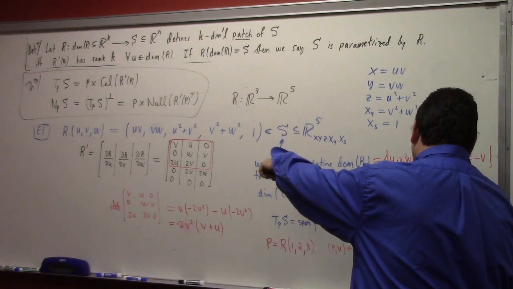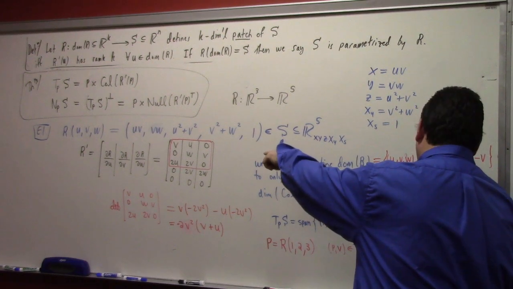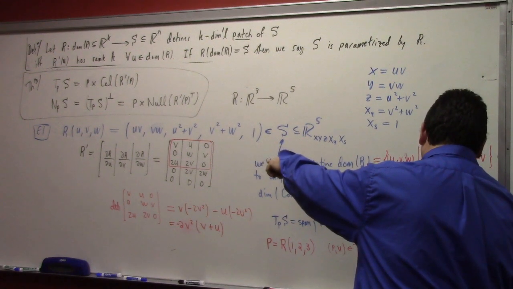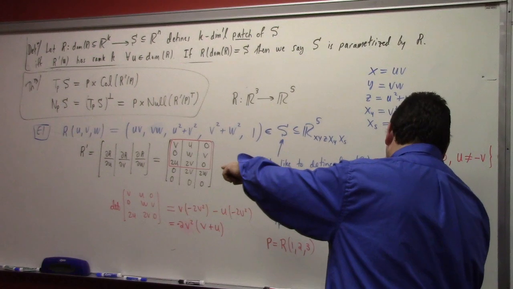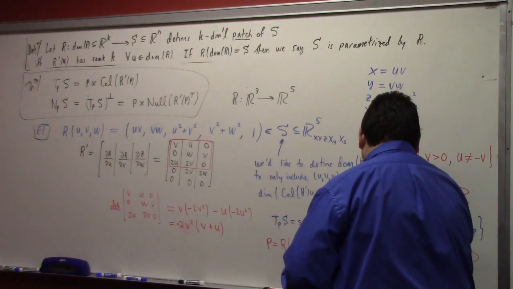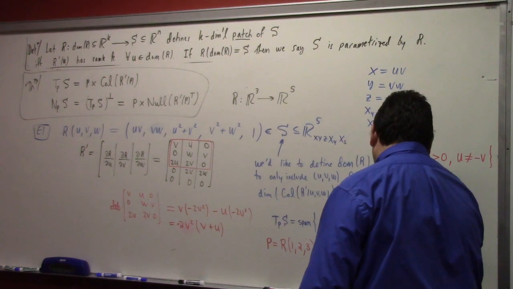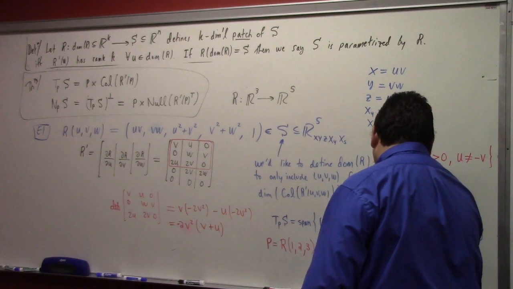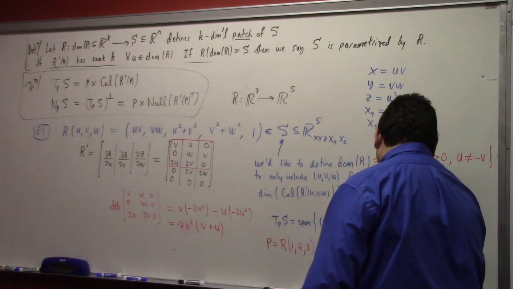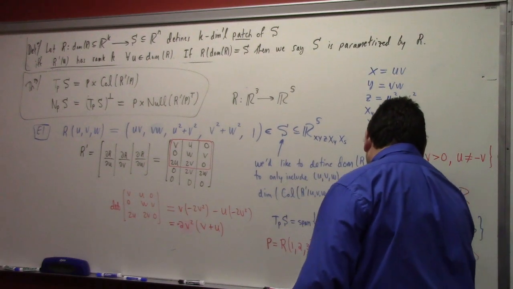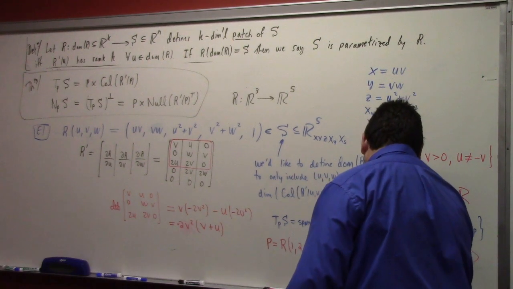So 2, 0, 0. There's my partial r, partial u. Partial r, partial v evaluates to what? Partial r, partial w evaluates to what?